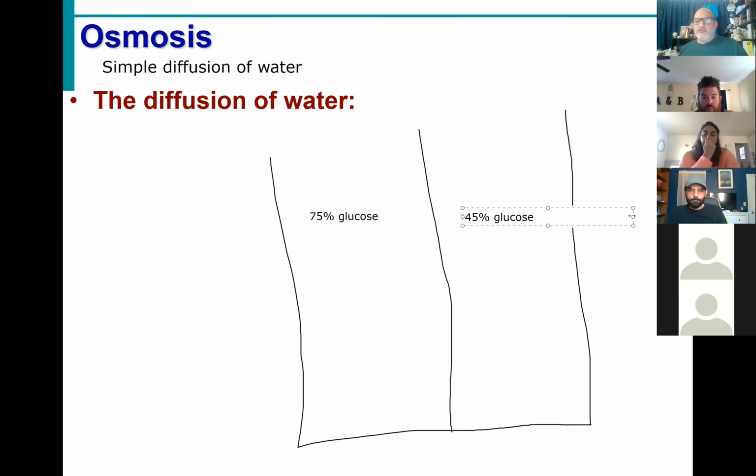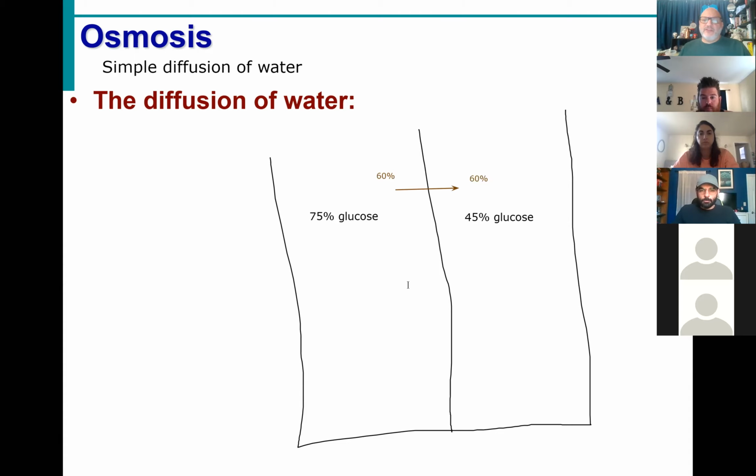As we've just finished talking about, when I poke the holes in the bladder, which way is glucose going to move? The right. Yeah, it will move to the right, and it will continue to move to the right till it reaches equilibrium. And what did we say equilibrium would be in this case? 60%. Yeah, it's going to be 60% on this side, and 60% on this side, at which point it would be at equilibrium, right?